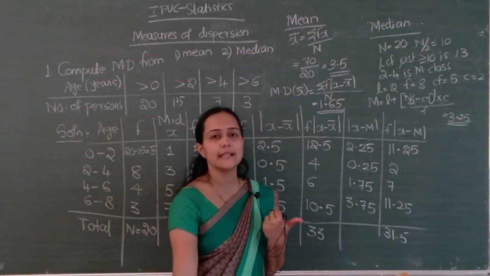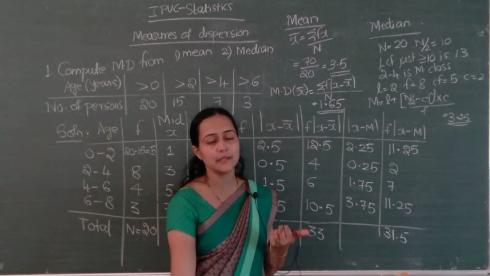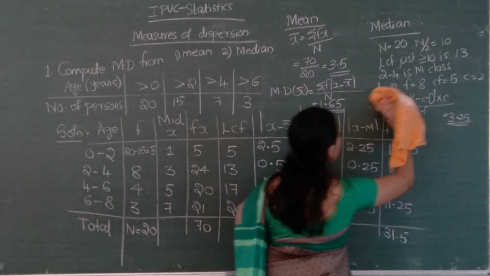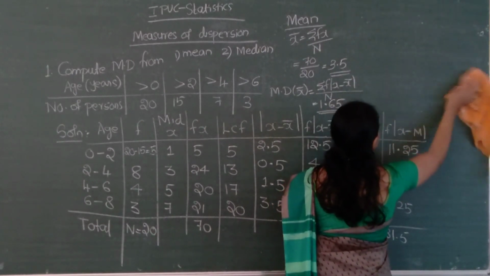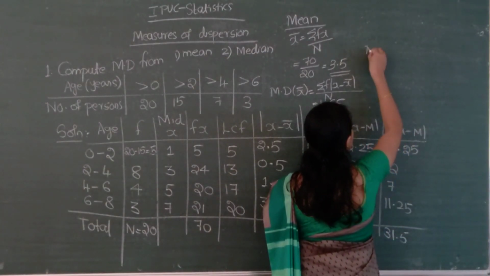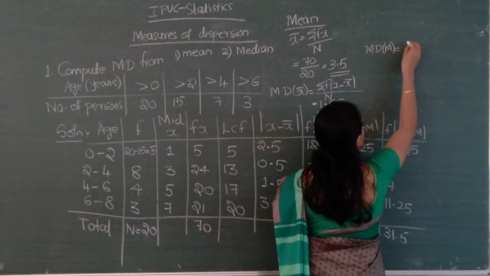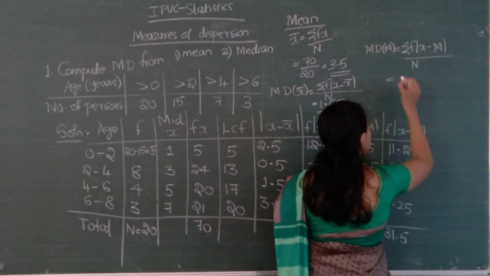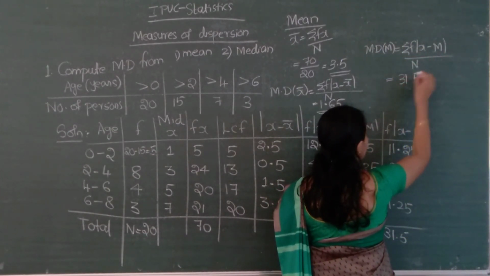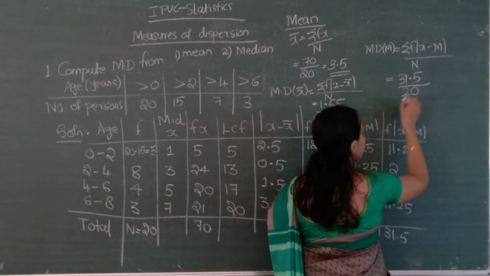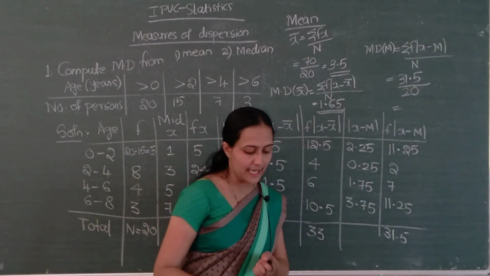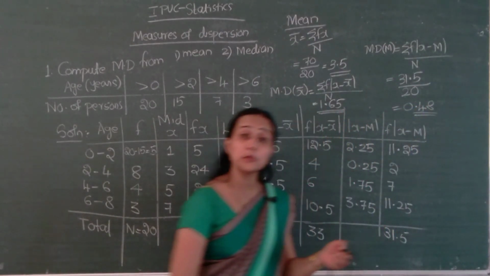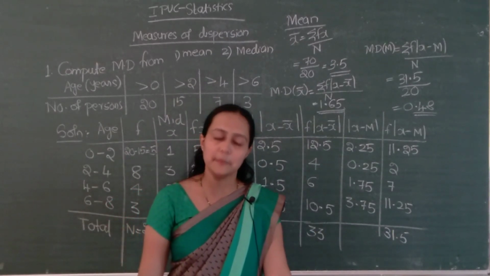Mean deviation from median is sigma f into mod x minus m divided by N. So, mean deviation from median equal to sigma f into mod x minus m divided by capital N. That is 31.5 divided by capital N, which is 20. Answer is 0.48.